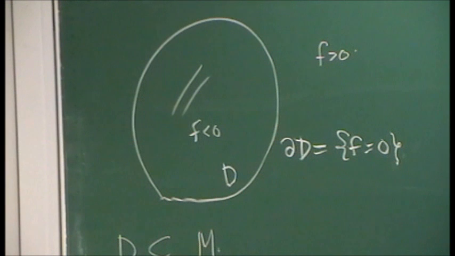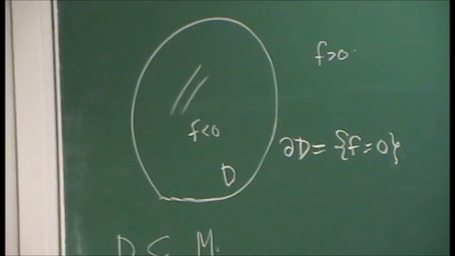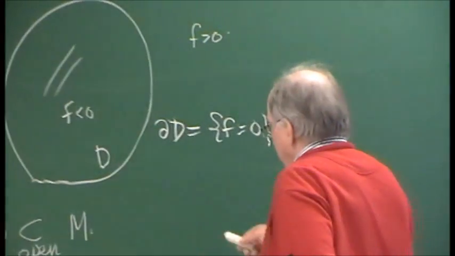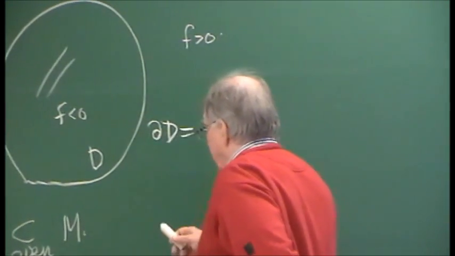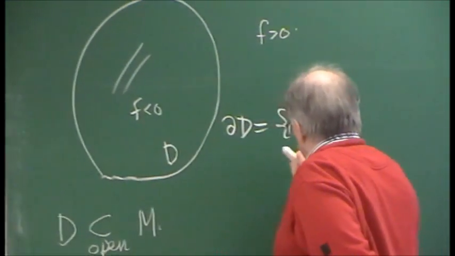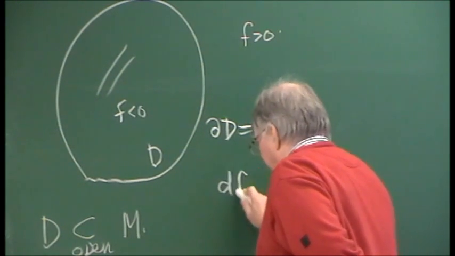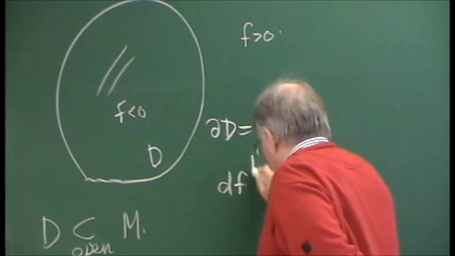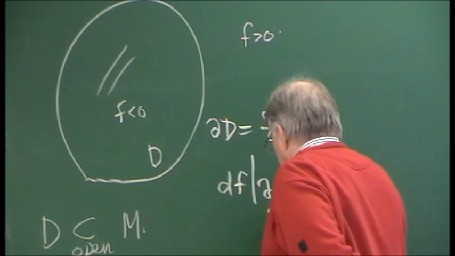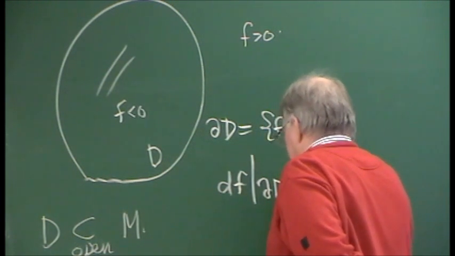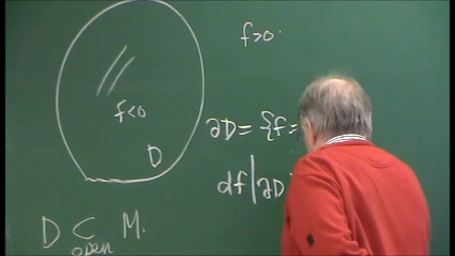It can be any closed set. So if you're doing all sorts of complicated dynamics, which some people here do in this university, the terrible sets occur in that regard, but we don't do these complicated dynamics and so on. We just consider the situation where df, restricted to the boundary of this thing, is nowhere 0.